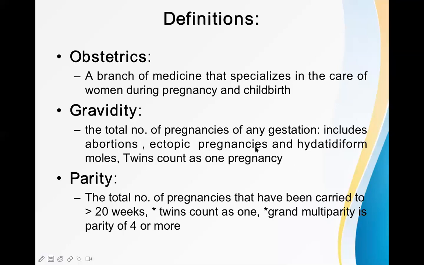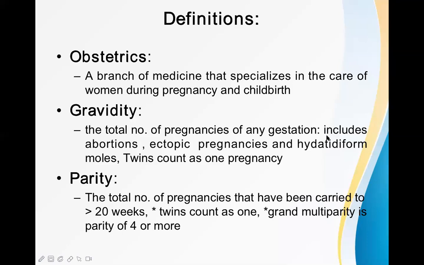Ectopic pregnancy: if the implantation doesn't occur in the uterine cavity, but occurs in the fallopian tube or outside the uterine cavity anywhere, this is called ectopic pregnancy. This is considered a very serious condition. Okay, we have a big class later on regarding ectopic pregnancy.